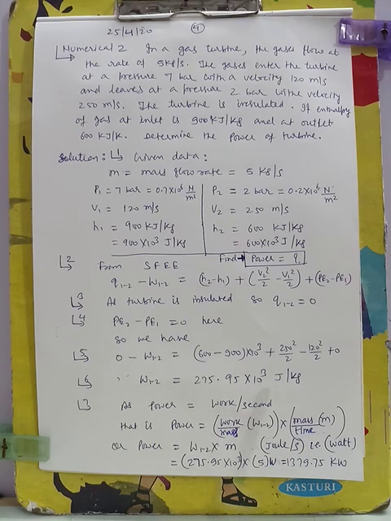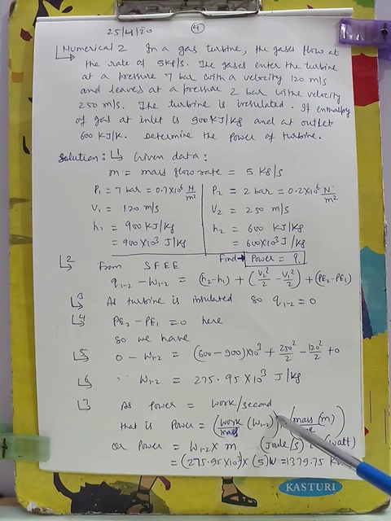But we have to find out the power. Power means rate of doing work. So power is equal to work per second. But here we know this is the work per kg. Power is equal to W12, which is the work per kg of fluid.